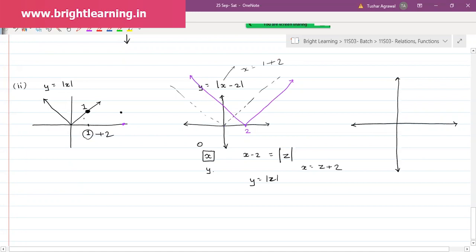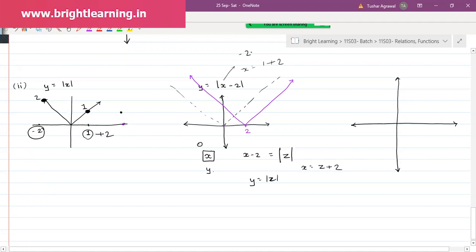Okay. Let's say here it was x equal to minus 2, the image was 2. To have this very image, inside my modulus I should have negative 2. For the new expression, inside the modulus, I should have negative 2. To make inside the modulus negative 2, my x should be what?